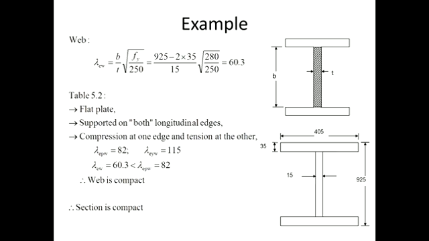So if both the elements, one element was the flange, and now the web, are both compact, we can definitely say that the section is compact.